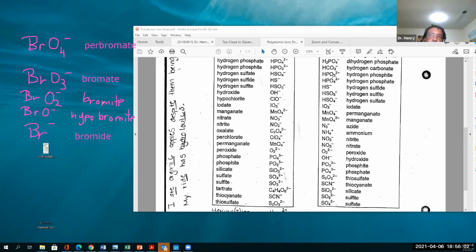Per and -ate go together, hypo and -ite go together. I like using bromate because it's easy to find. Find it first, then figure out everything from there.